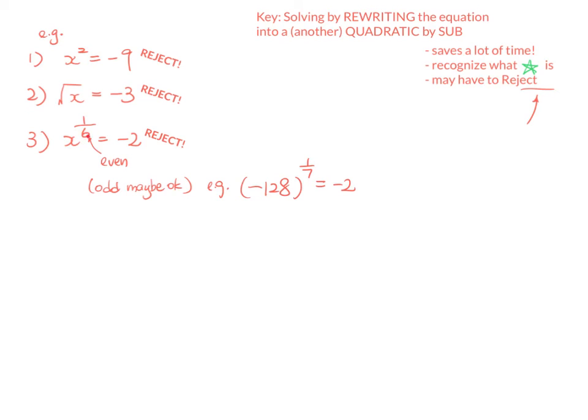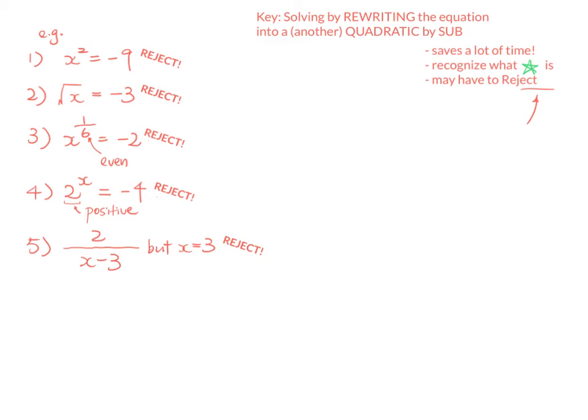But if this is an odd number, it may be okay. This is an example that is okay when this is an odd number. And a positive number to any power will never give a negative answer. And also when you're checking answers and you put the answer into the original question and you find out that the denominator is equal to 0, then of course you have to reject that.